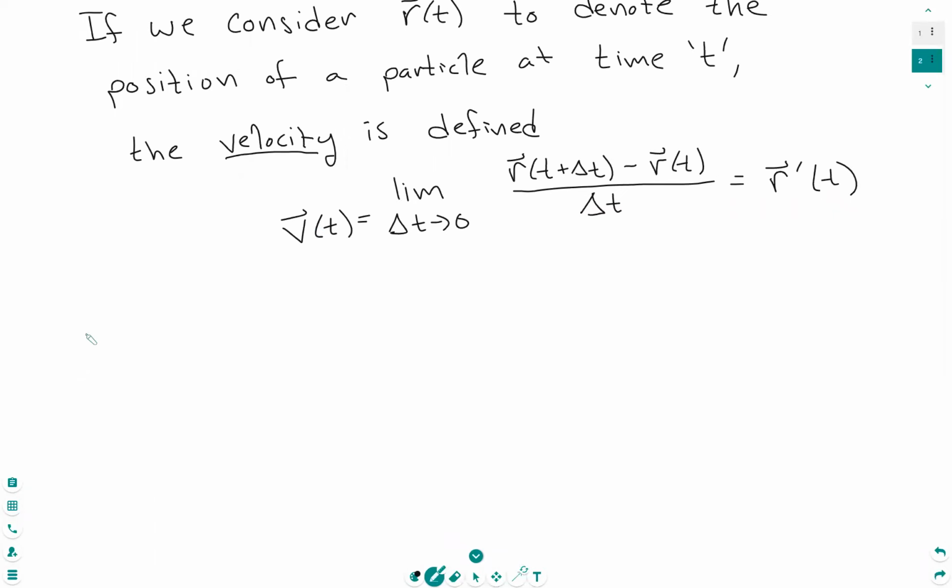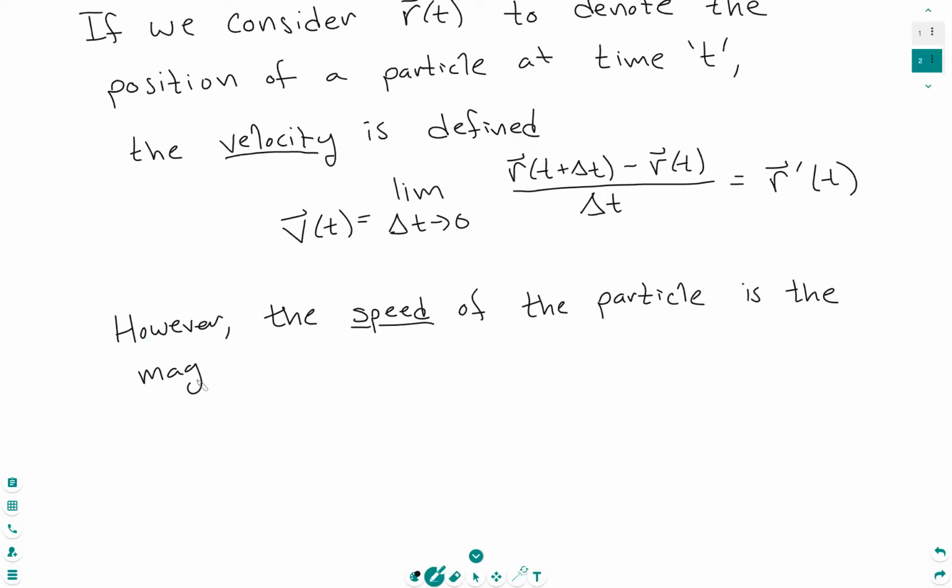And we've also kind of defined this, but let's put it in writing. However, the speed of the particle is the magnitude of velocity, or the magnitude of this r prime.